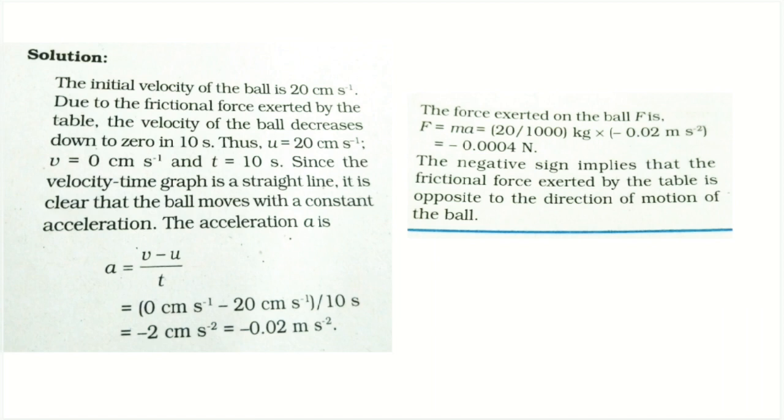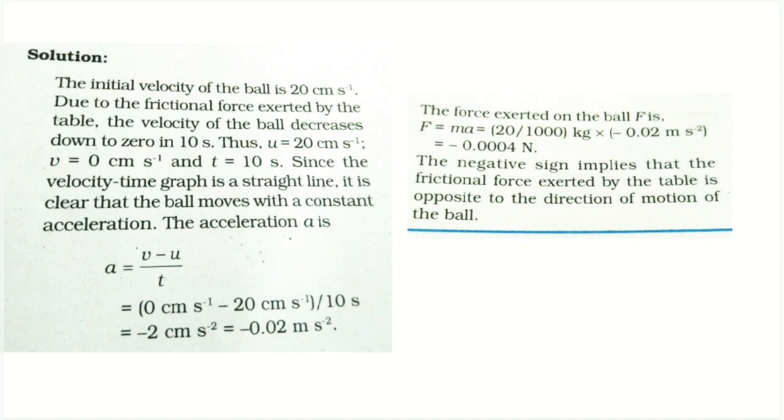But due to the frictional force exerted by the table, the velocity of the ball decreases to v equal to 0 in time t equal to 10 seconds. Since the velocity time graph is a straight line, it is clear that the ball moves with a constant acceleration.